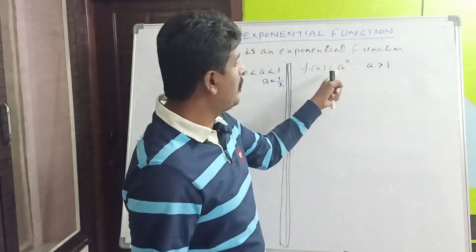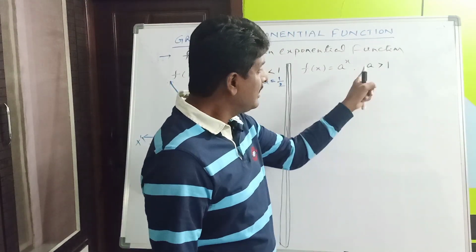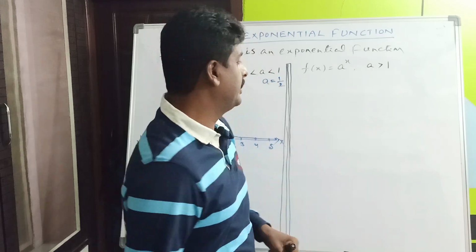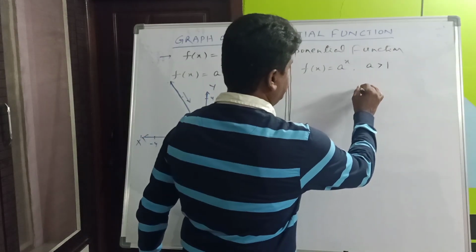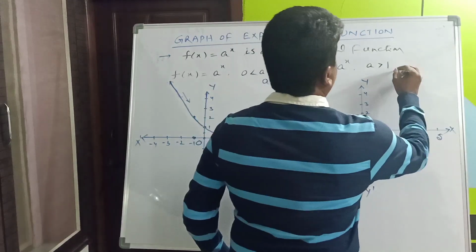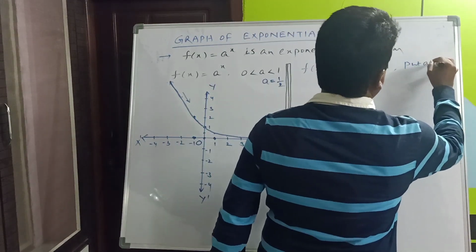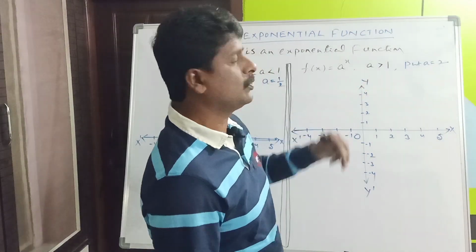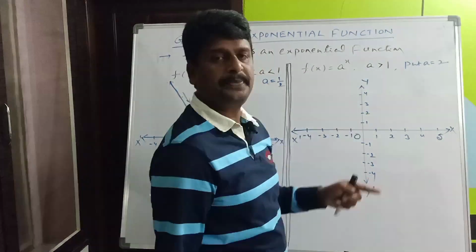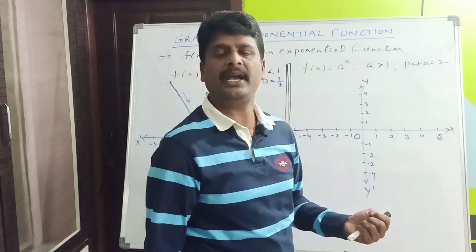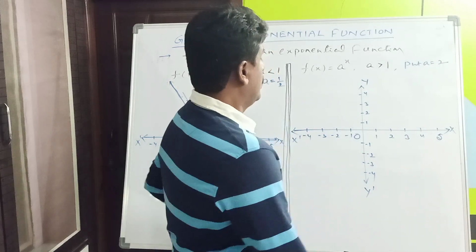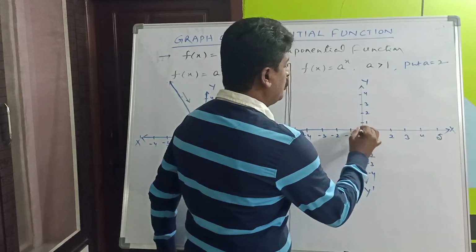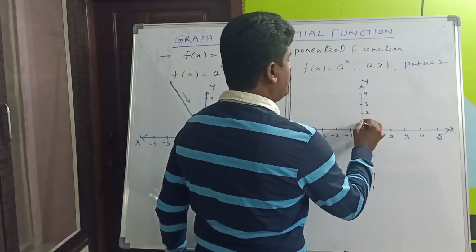You see, f(x) = a^x where a > 1. In this case, put a = 2. A value greater than 1 means assume that a = 2. Then this function becomes f(x) = 2^x. For x = 0, 2^0 becomes 1.